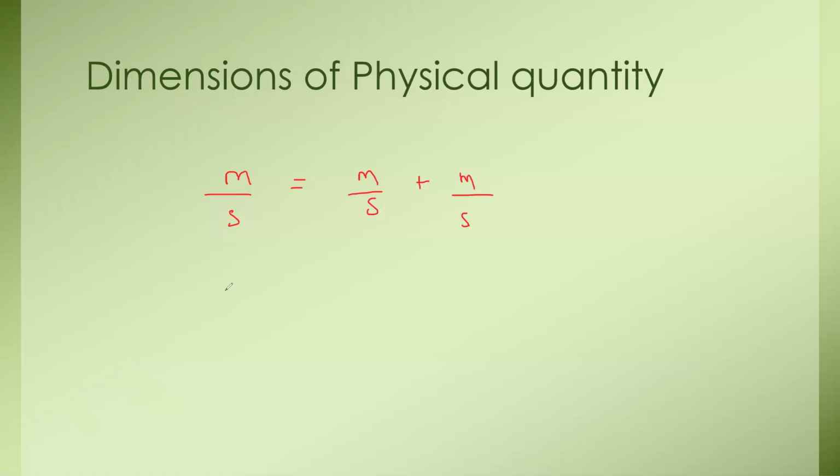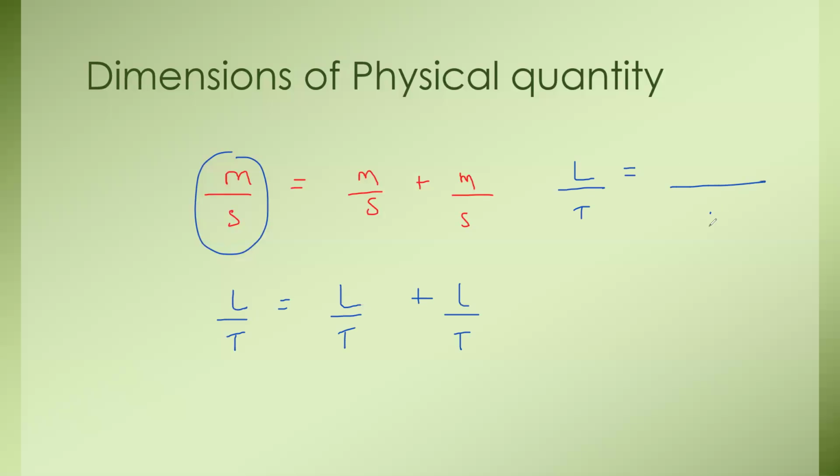So here m by s means the dimension is L by t. Here the dimension is L by t, and here too. You can write it as a fraction or with the power in the numerator. After simplifying the units, we write the dimensions and then simplify only the dimensions.